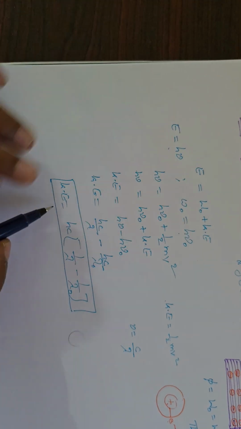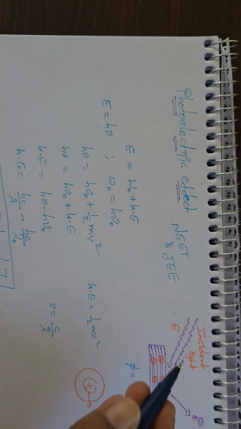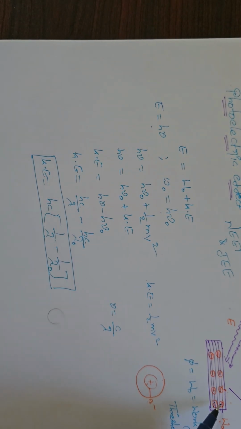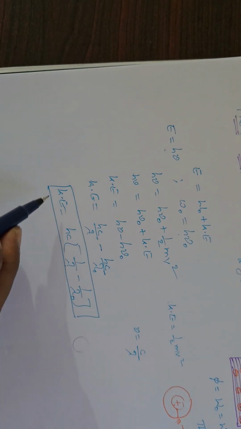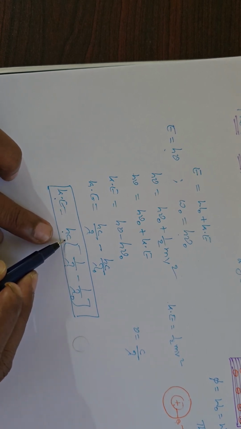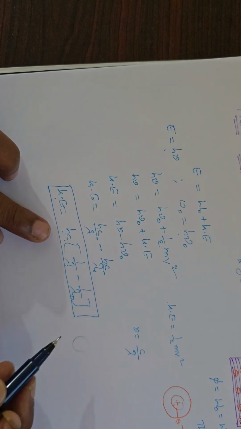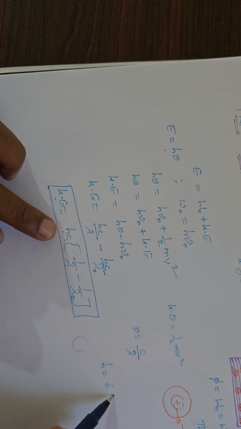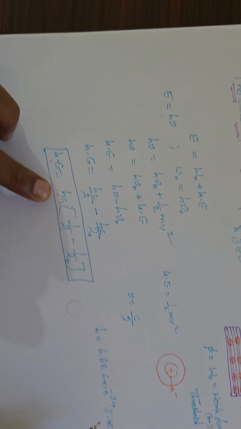Here lambda is the incident light wavelength, and lambda naught is the metal's threshold wavelength. K is kinetic energy, h is the Planck constant, and c is the velocity of light. What is the Planck constant value? 6.626 into 10 power minus 34 joule seconds. That is the Planck constant value.